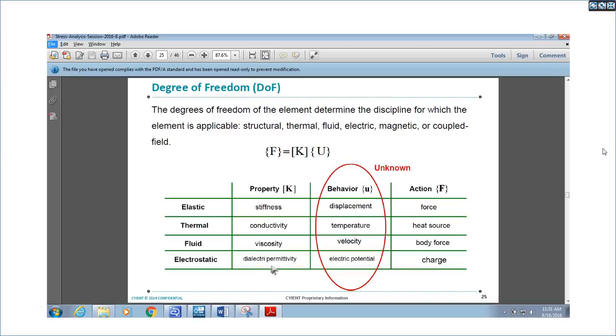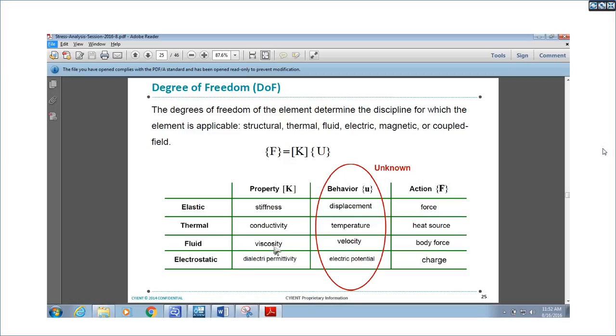Continuing on degrees of freedom, here we have four different disciplines, and we have put together the stiffness matrix, displacement, and force matrix. In elastic or stress analysis, K we usually call stiffness, U is displacement, F is force. In thermal, we call K conductivity, U temperature, F a heat source.